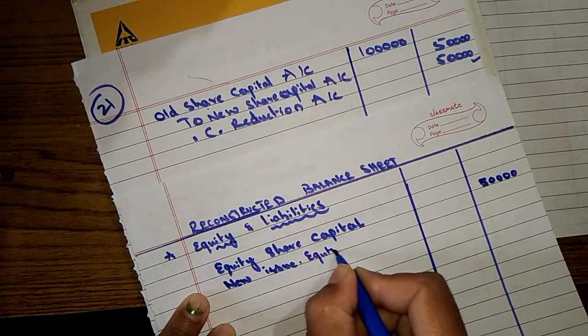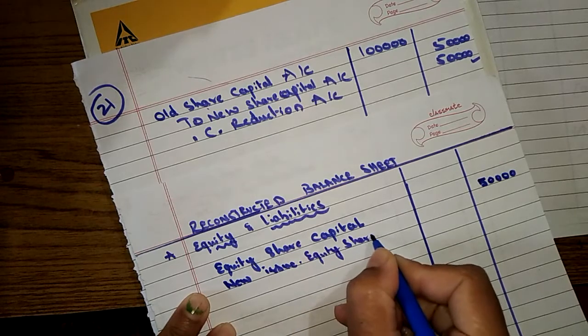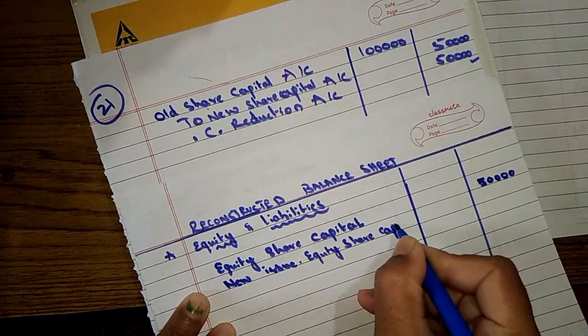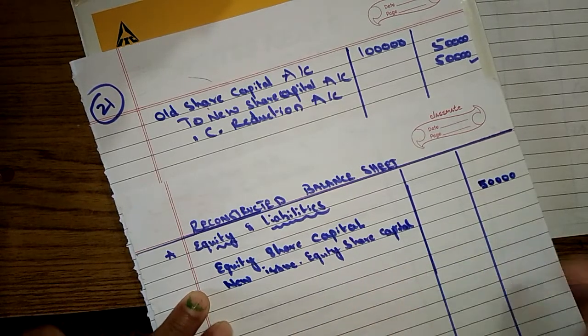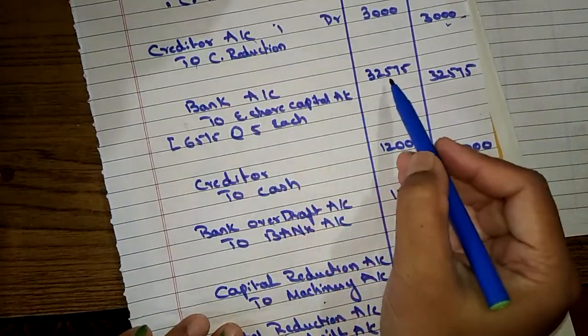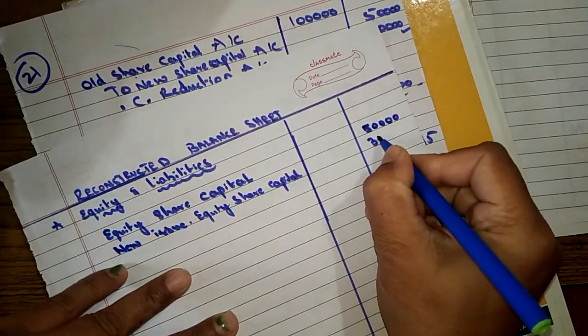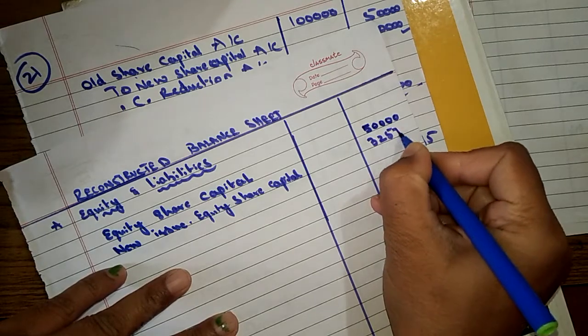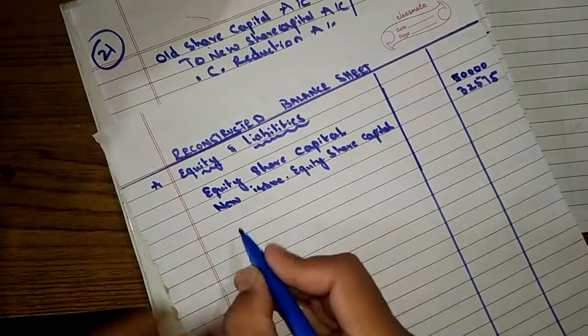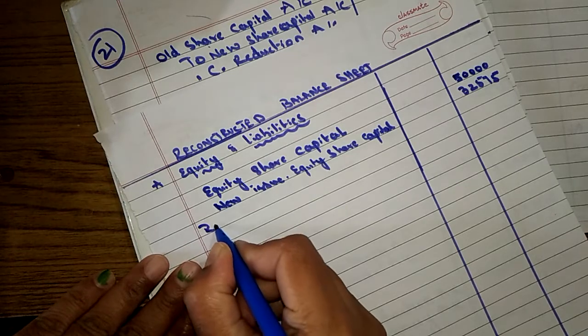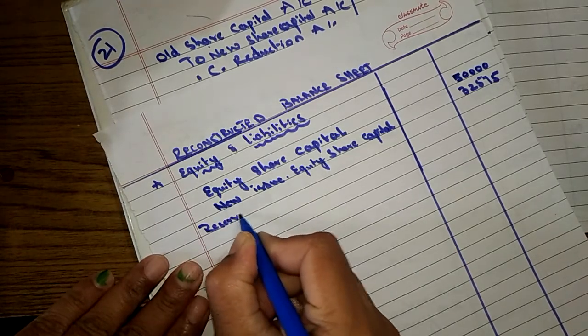Equity share capital, it was 32,575. 32,575. Okay. The next, reserves and surplus.